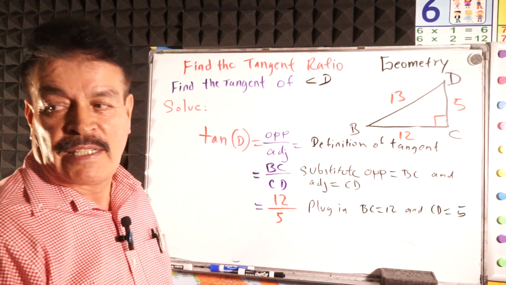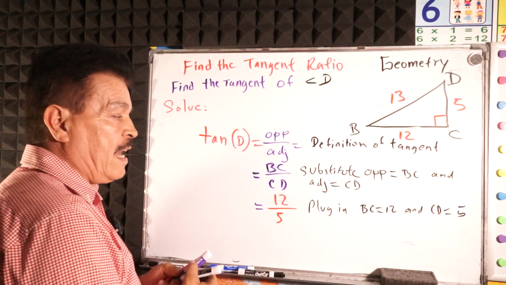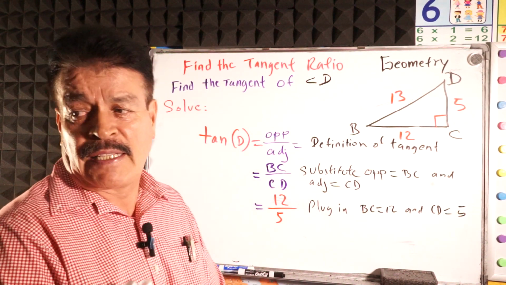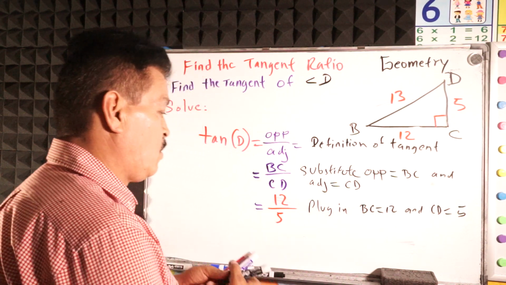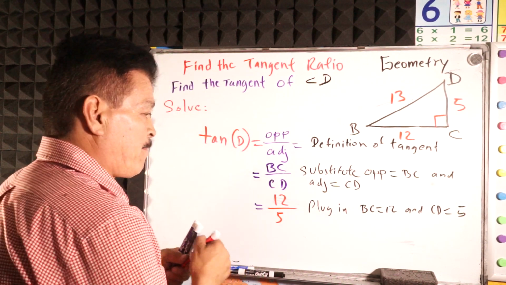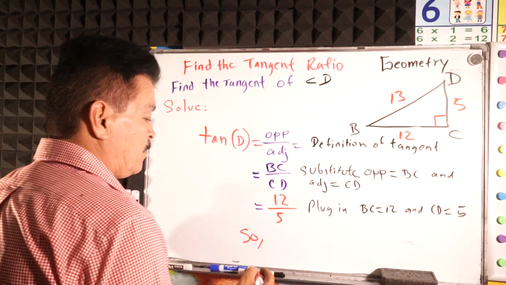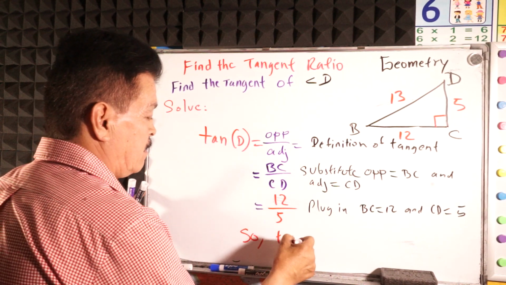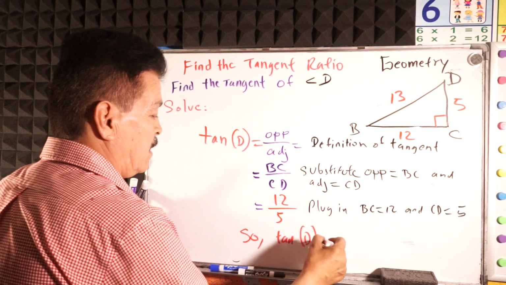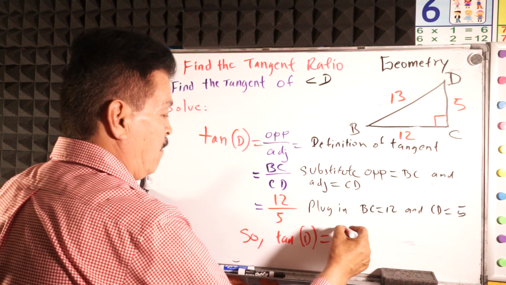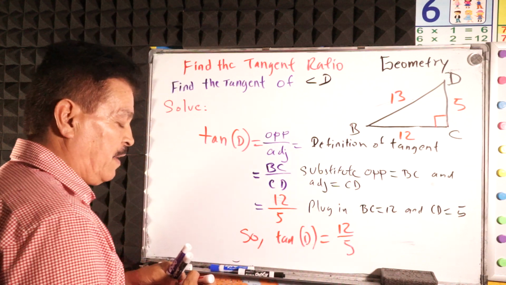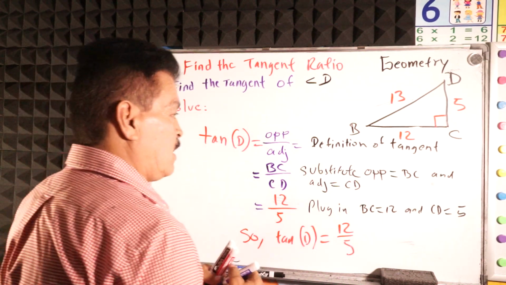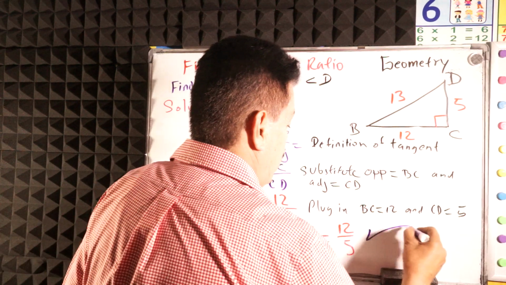Right? That's it. So now this is actually the last step, right? Our conclusion: tan D is equal to 12 divided by 5, 12 fifths. So this is the solution to our problem.